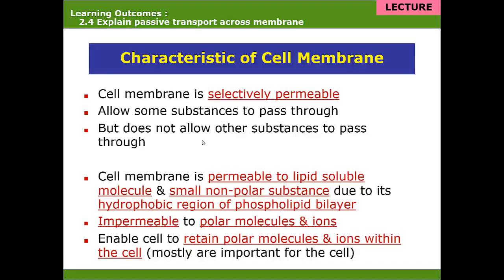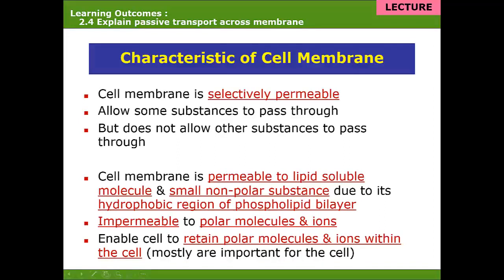You might want to recall that subtopic. Anyway, as you know, the cell membrane is selectively permeable. Selective means it only allows certain substances to pass through it, while it prevents other substances from being transported through it.